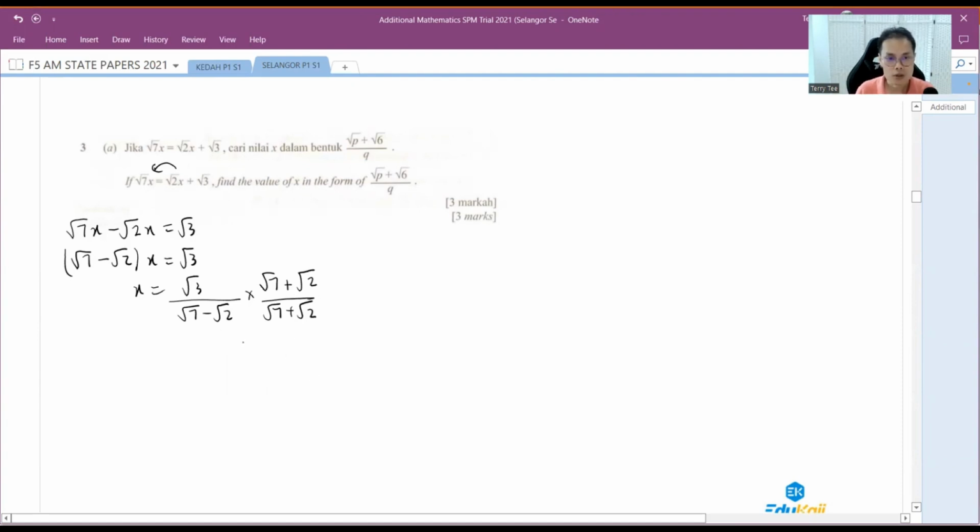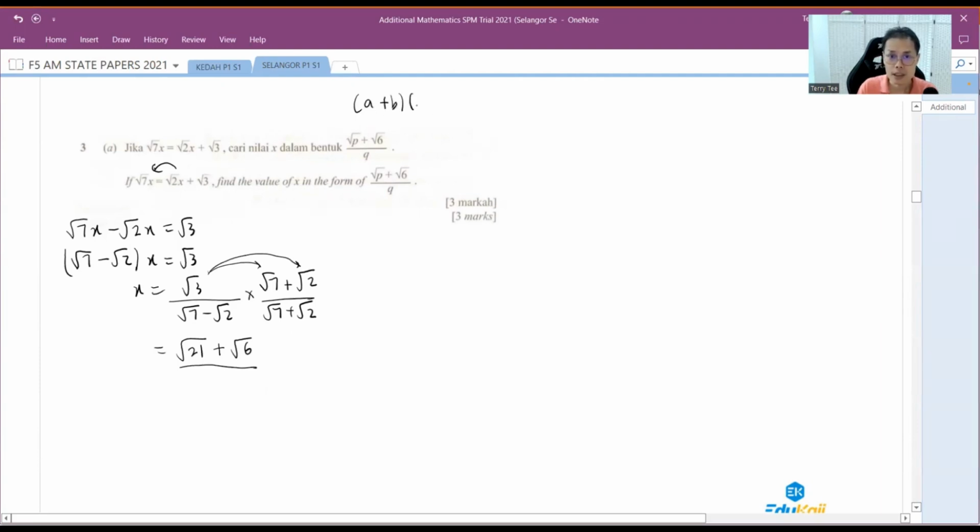Now, the next thing is when you multiply this inside, square root 3 times square root 7, we can put them together as square root 21. Square root 3 times square root 2 is just square root 6. All right. Now, the next thing is your denominator. Please think in terms of a plus b, a minus b. In this case, I put a minus first, that doesn't matter.